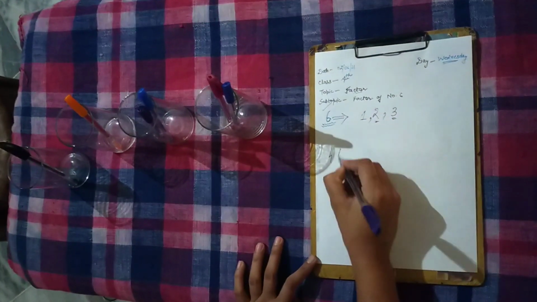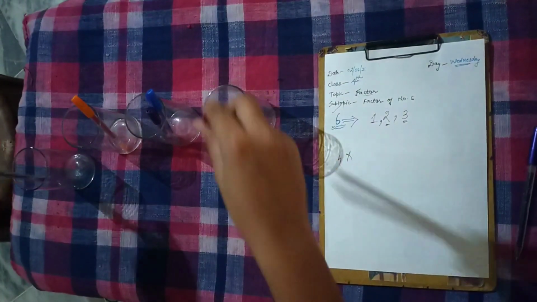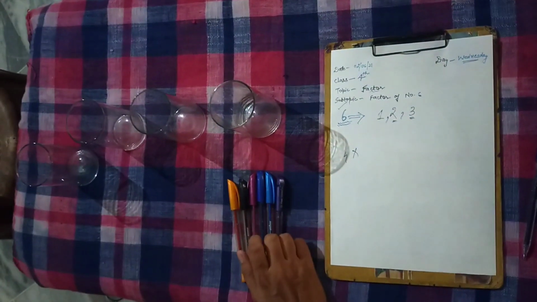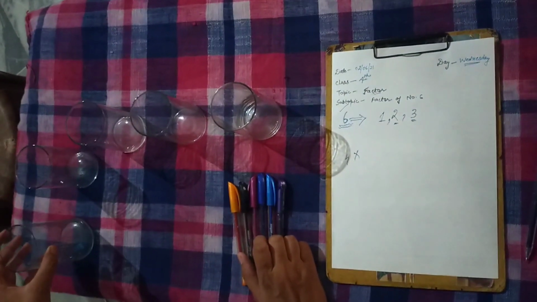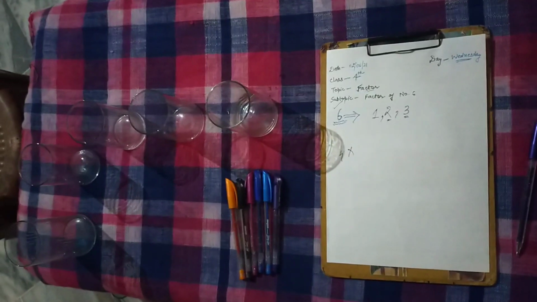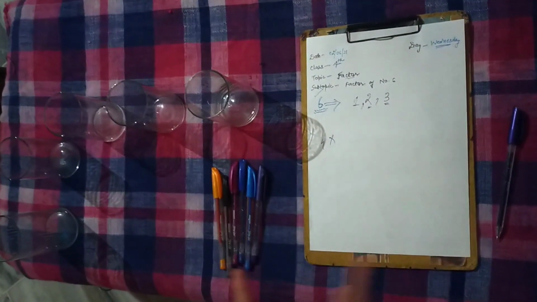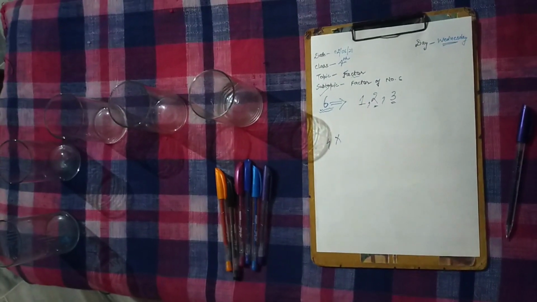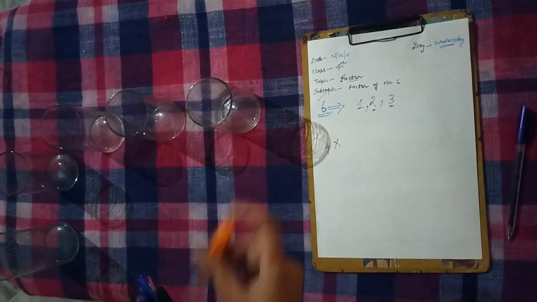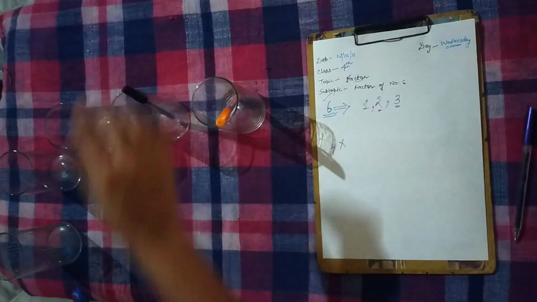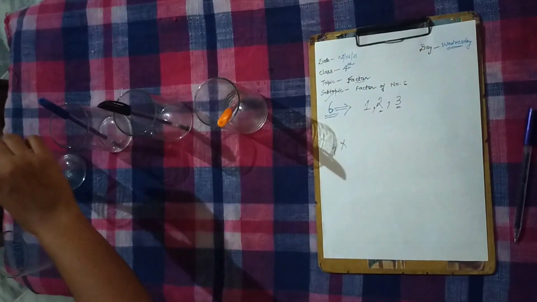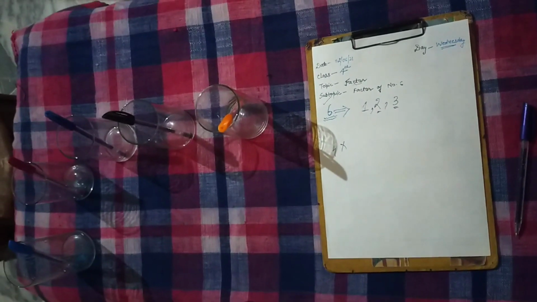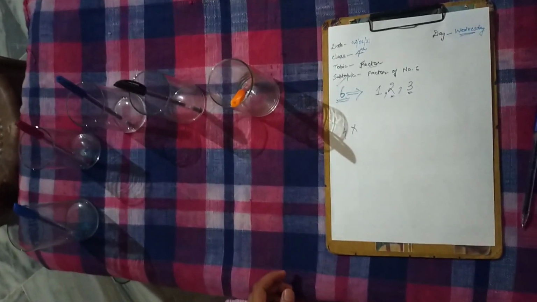Next, we do the same procedure for number 5. We will take 5 glasses and divide all these 6 pens into 5 glasses. One in the first glass, second, third, fourth and fifth. Now see, we have divided 5 pens and 1 pen is left.